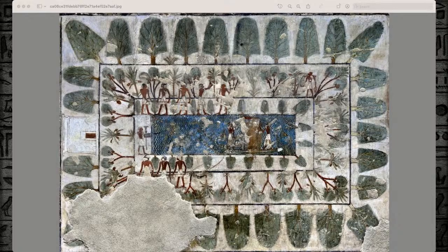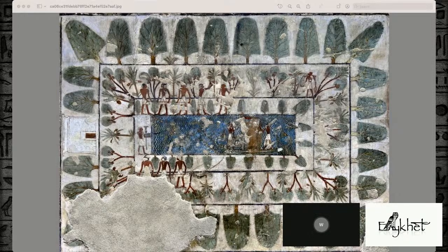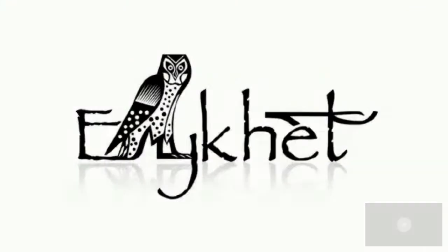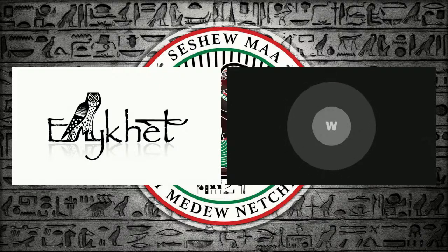So I want to reiterate something. Just want to reiterate something. So we're going to wrap it up, but I want to drive this point home. Really, really drive this point home, because this is probably one of the top 3 biggest mistakes that beginners have when they're learning the Egyptian language and the writing system.